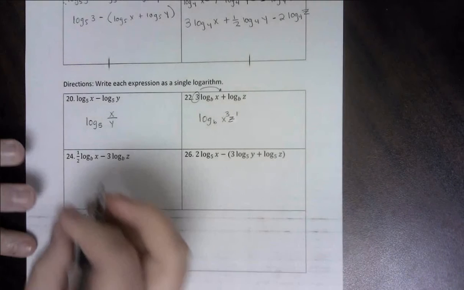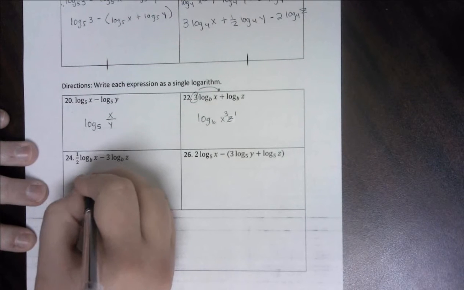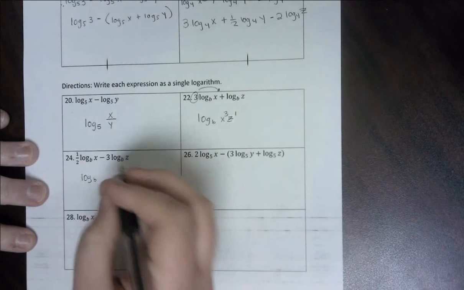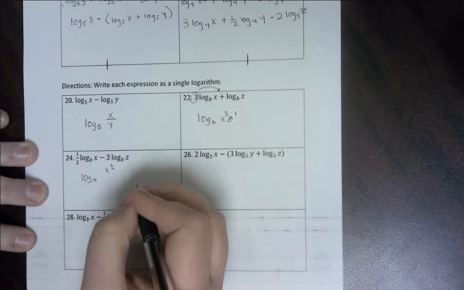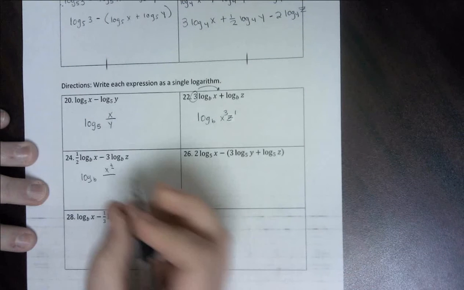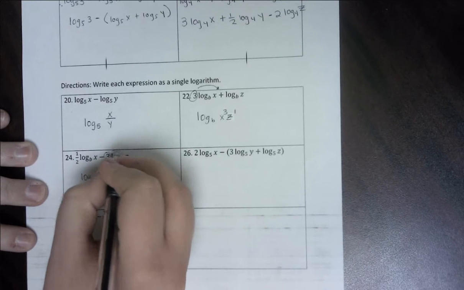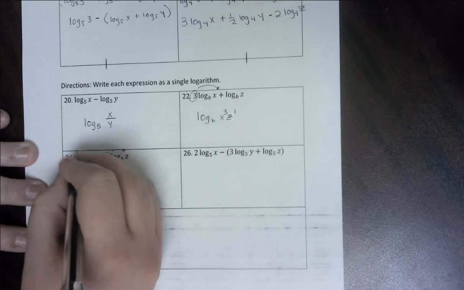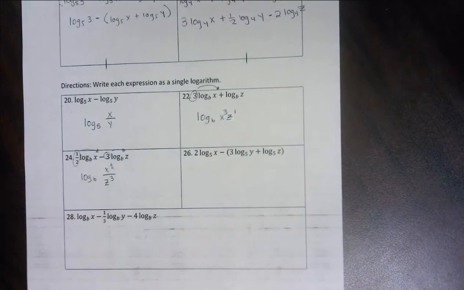So now here, this one's going to be a little bit trickier. We're going to write our log base b one time, and I've got an x to the 1/2, but notice that this minus sign means we're going to be dividing z to the 3rd, because I take this 3 and it becomes my exponent of my z, and it was x to the 1/2 because I took that 1/2 and moved it up to be the exponent of my x.